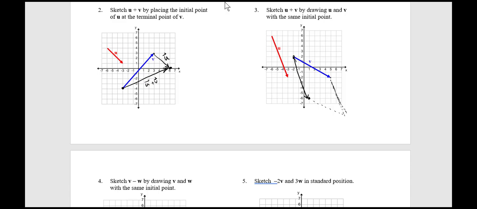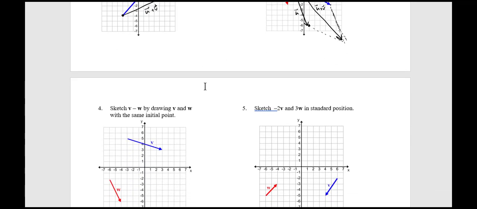We know if we have them tail to tail and we complete that parallelogram that they've started, then going all the way across there gives us the sum. This guy over here was u repeated. Right, so that's not bad. You can figure out where that would land, but it's okay.